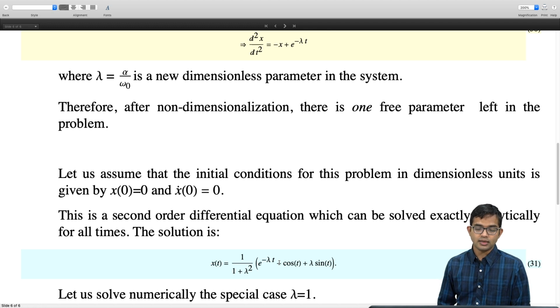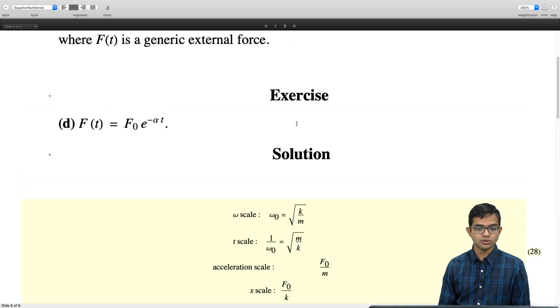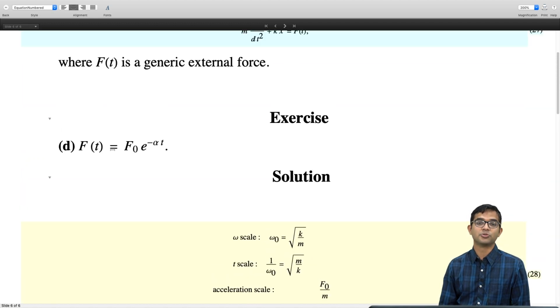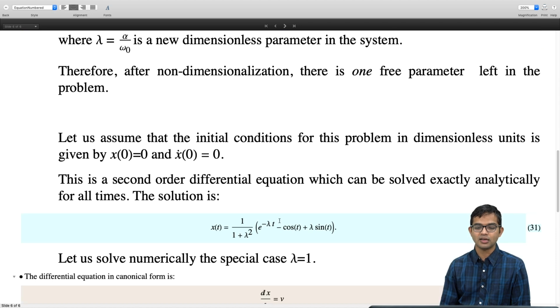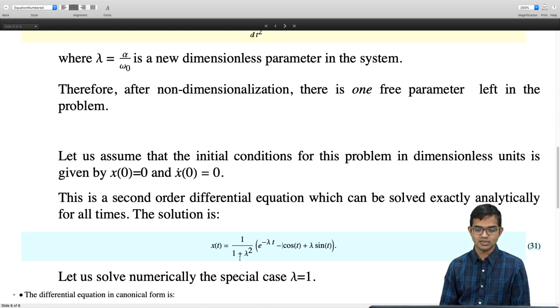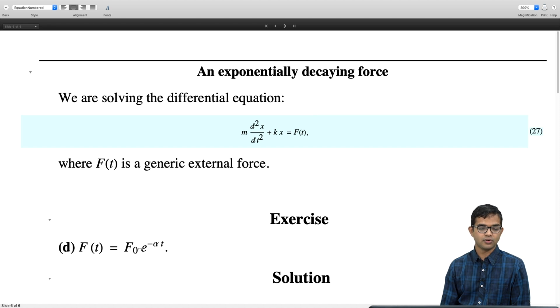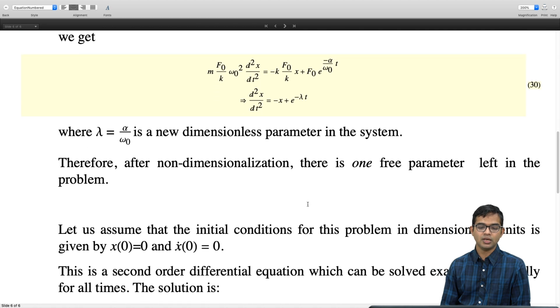So that's good. And the other extreme is lambda equal to infinity. So in other words, if alpha goes to infinity, you see that f of t is 0, right? That is also a case that is familiar. What is interesting is that both these limits actually give you just perfect oscillations, right? I mean, you won't recover that if you directly plug in here for the reason I told you earlier, which is that we have chosen these special initial conditions which make that problem where if you put f naught equal to 0, if you put f of t is just 0, then it's going to be an uninteresting solution.